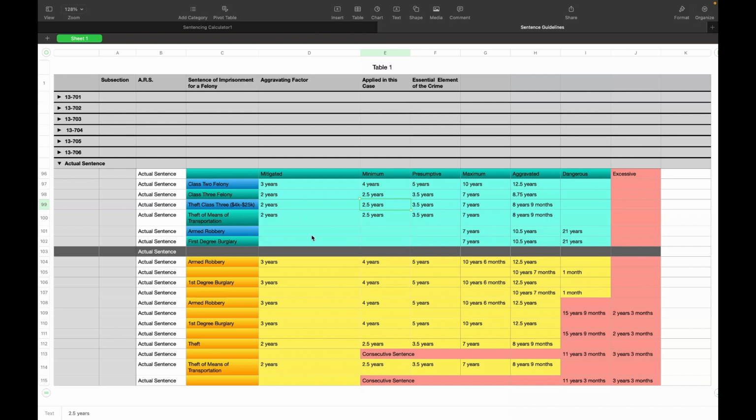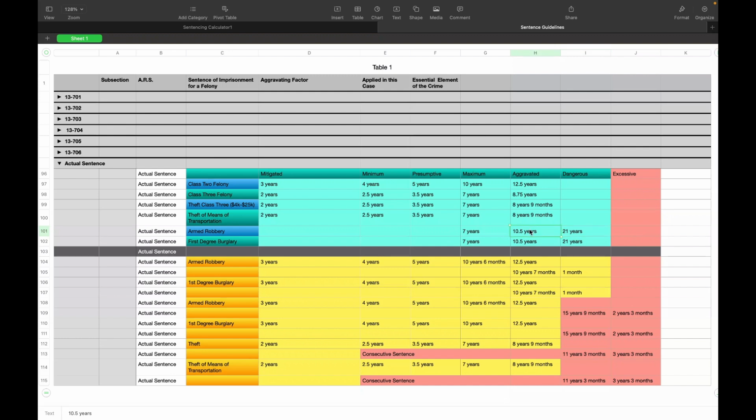Armed robbery is considered a dangerous offense. It carries a mandatory minimum sentence. But if aggravation or mitigation are found, then the sentence can be reduced based on those numbers up and down, but it cannot exceed the 21 years.